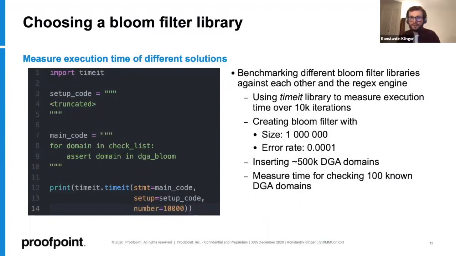So I've decided to compare different existing libraries against each other and against the usage of regex engines. For this benchmarking, I've used a Bloom filter with a size of 1 million and an error rate of 0.01%. And I've inserted all active DGA domains from a specific day, which are around 500,000, as I've said earlier.